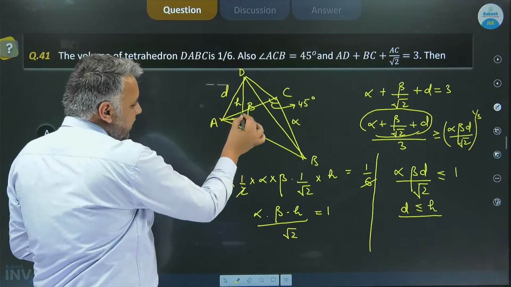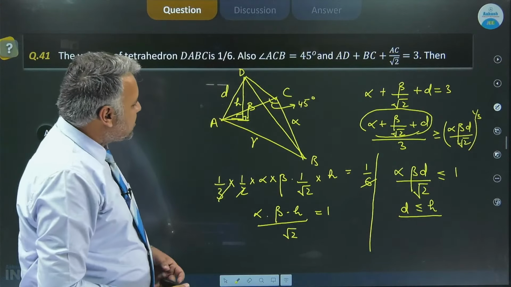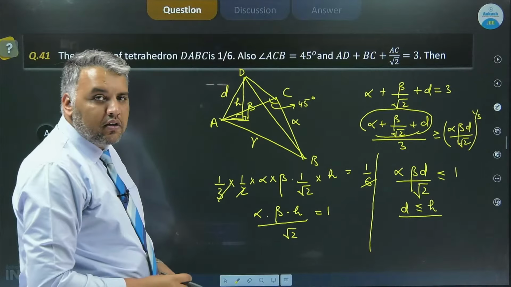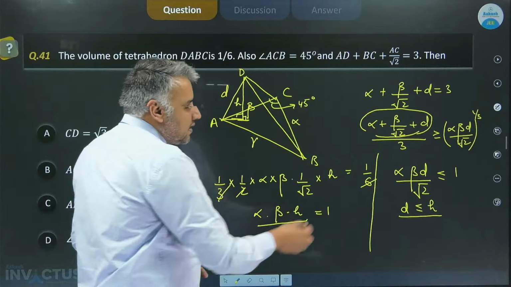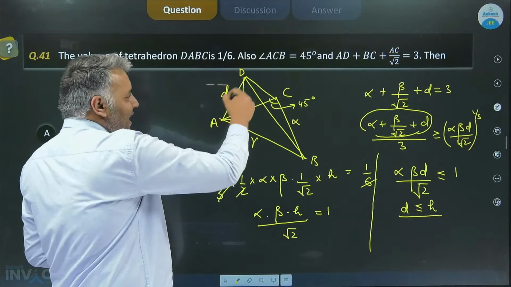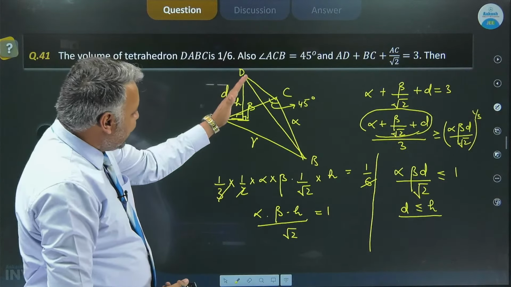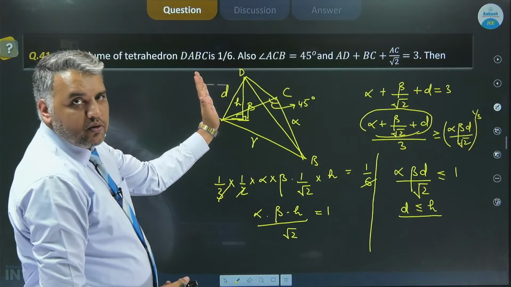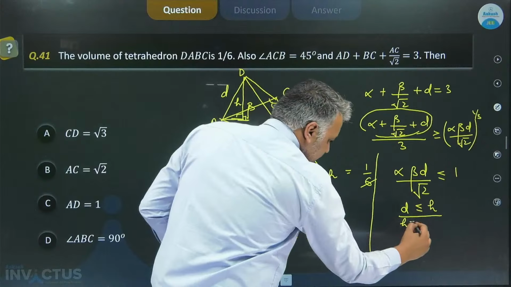So we can say that D must be the hypotenuse of this triangle. So D must be greater than or equal to h. But here we are saying that D is less than or equal to h. That means this equality will hold only if the AD length is the height of this tetrahedron. That means this AD is perpendicular to the base ABC. So h is equal to D only.